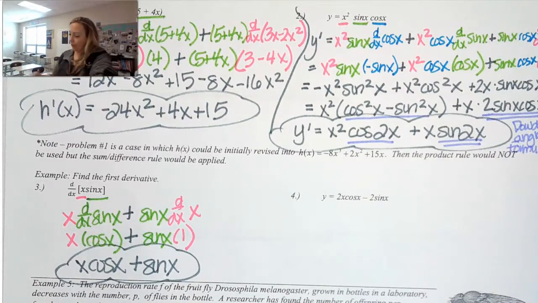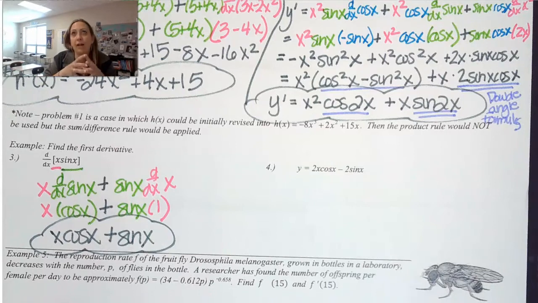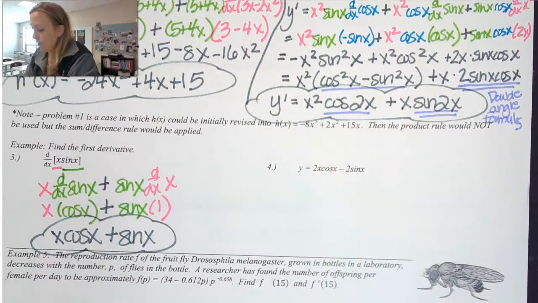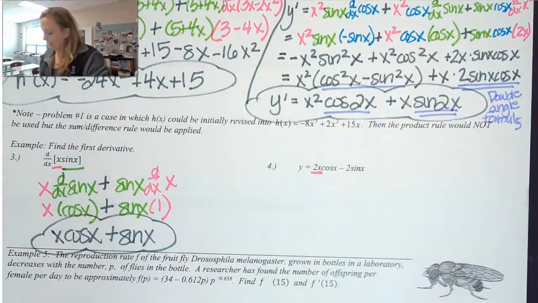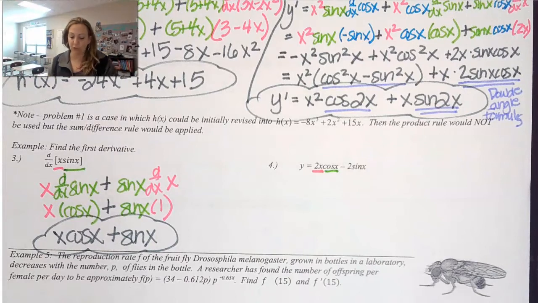What about number 4? y equals 2x cosine x minus 2 sine of x. We use the product rule anytime there are 2 or more functions involving x. And in our first term, that's what we have. We've got 2x. I mean, you could just think about it as x, but it's not bad with a coefficient. We've got 2x and cosine of x. Those are going to be the 2 functions that we're going to use in the product rule.